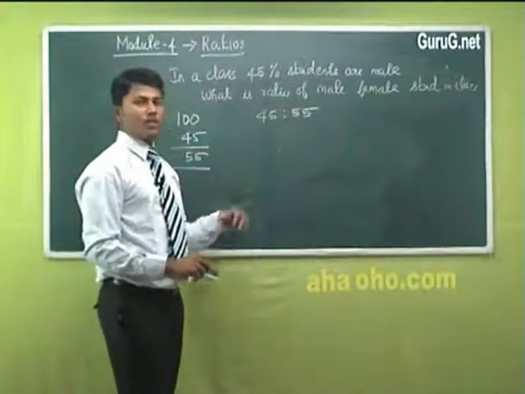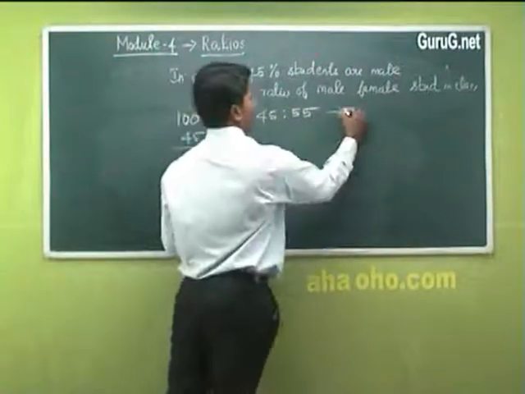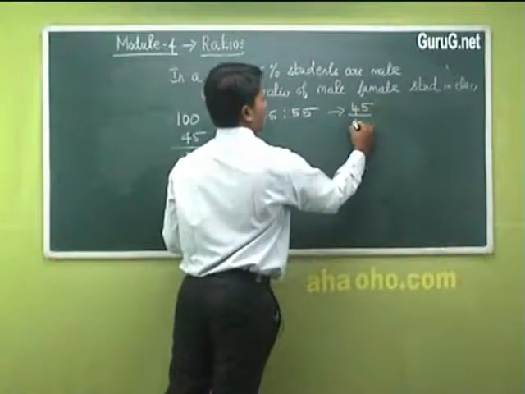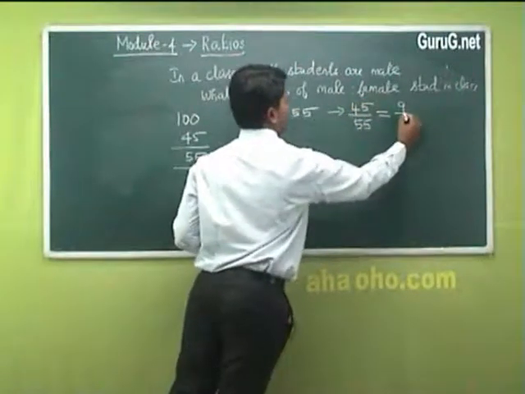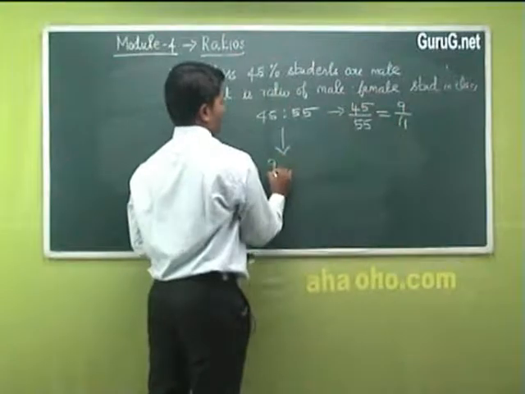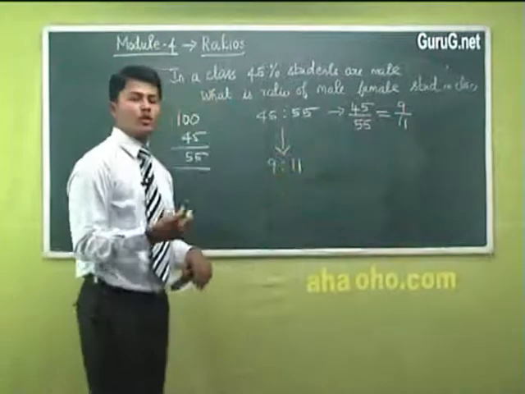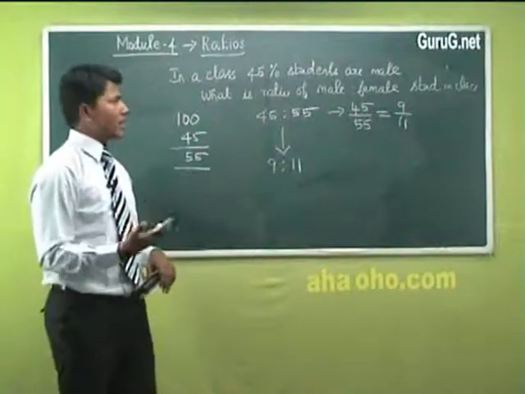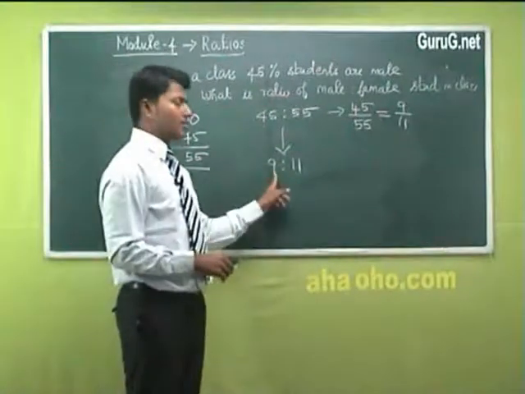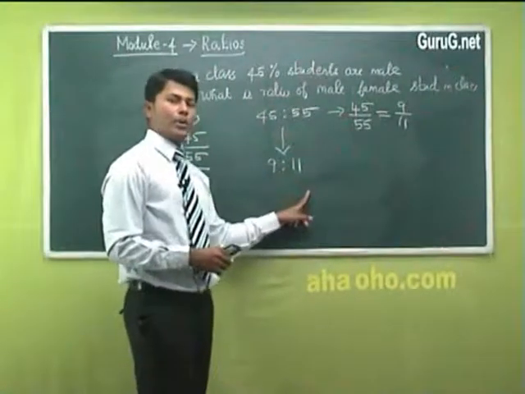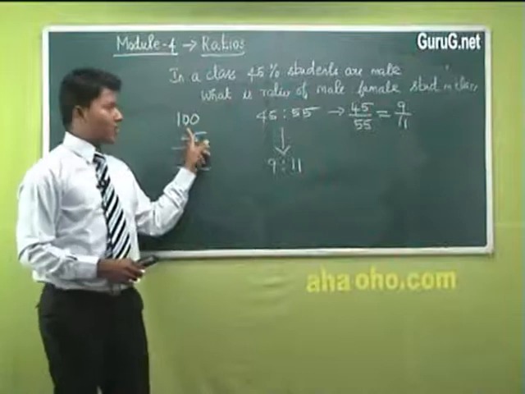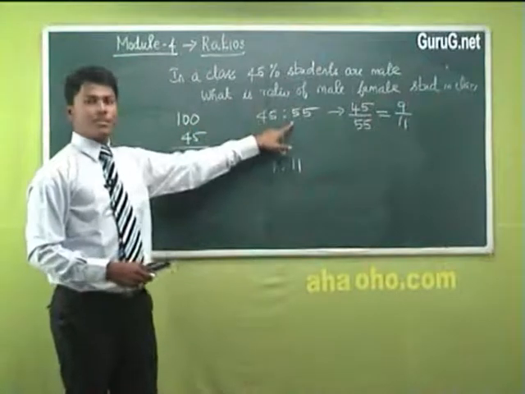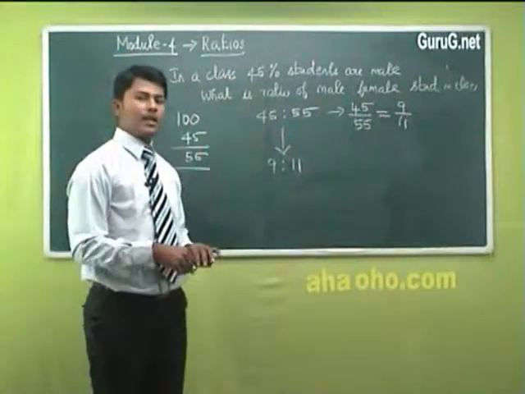You can reduce to the simplest form. How? 45/55 is nothing but 9/11. So in terms of simplest form, the ratio of male and female students in the class is nothing but 9:11. So keep your base to 100, get your answer, and formulate it to the simplest form, 9:11.